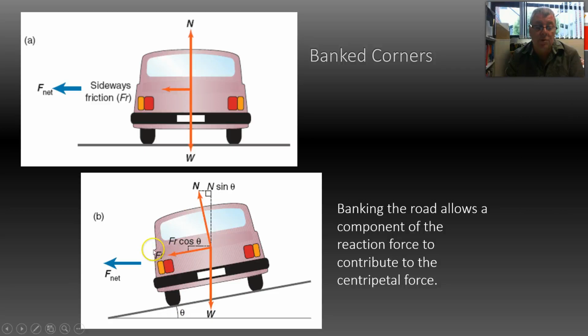Now, clearly, as you increase this angle of banking, this component here would increase more and more, and therefore you would have to use less and less force to actually go round in the circle, because you're using a larger and larger component of your weight force. And that's why in some circuses and entertainment things, and if you go onto YouTube, you could see videos of people riding motorbikes around on a vertical wall, or even a car.